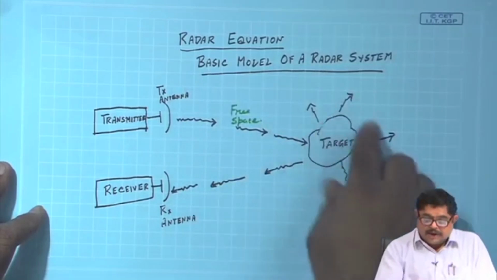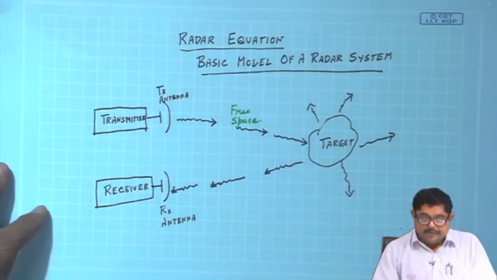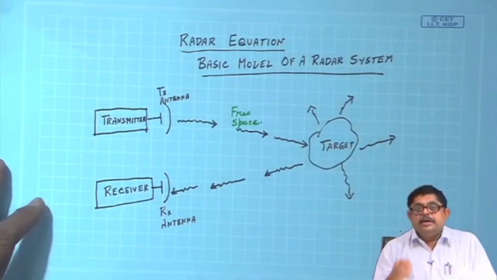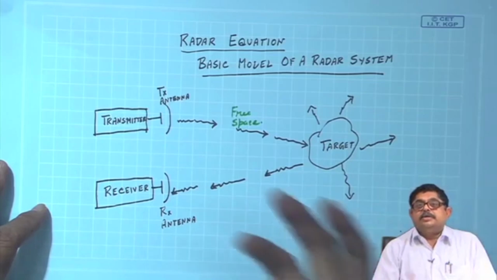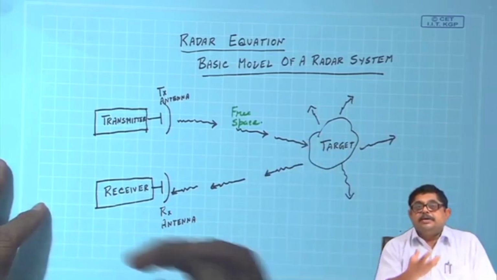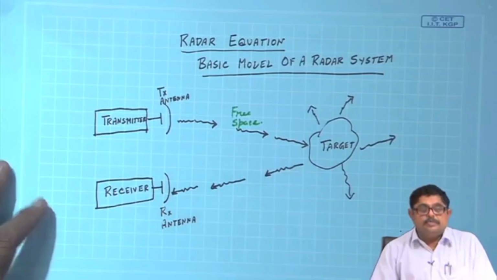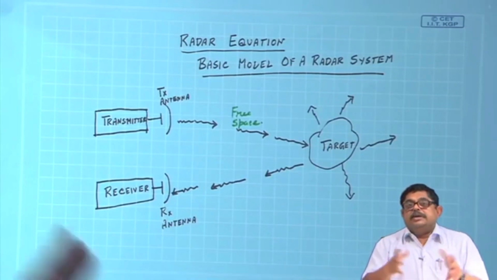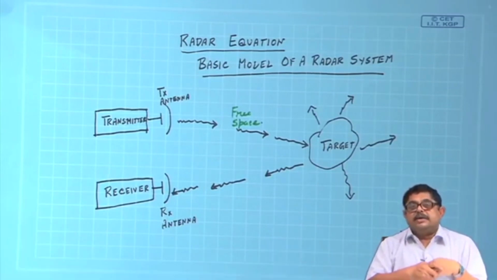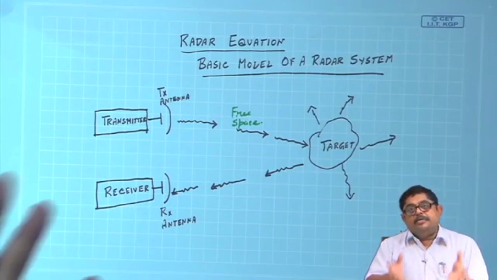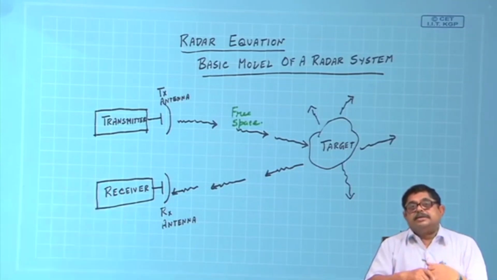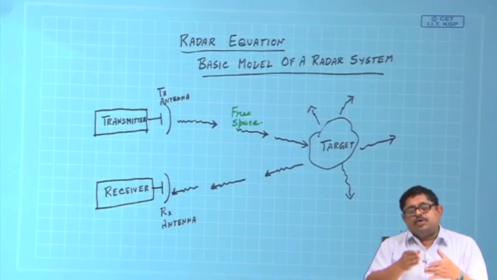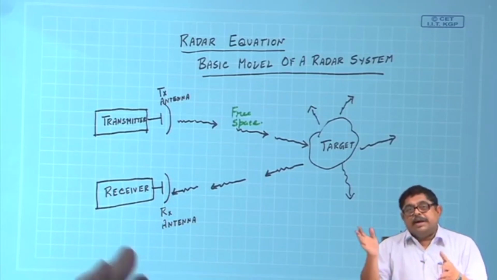Now there is a target, and it is hit by the wave. If any object or target gets illuminated by the electromagnetic wave, then if it is a metallic target, we know it will reflect, but some portion will still go inside up to the skin depth. Even in real metallic objects, which are not ideal, some portion goes inside, and maybe some gets transmitted.